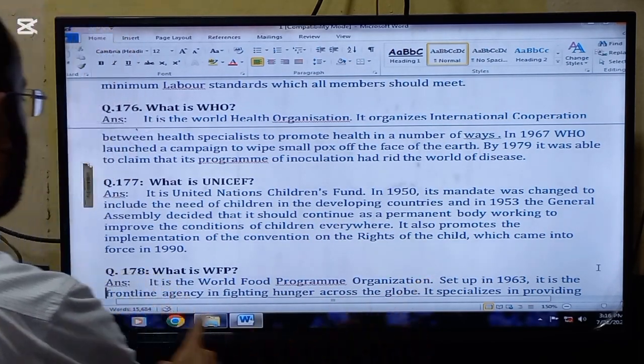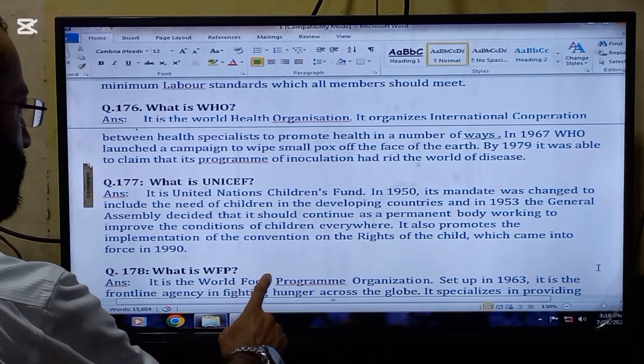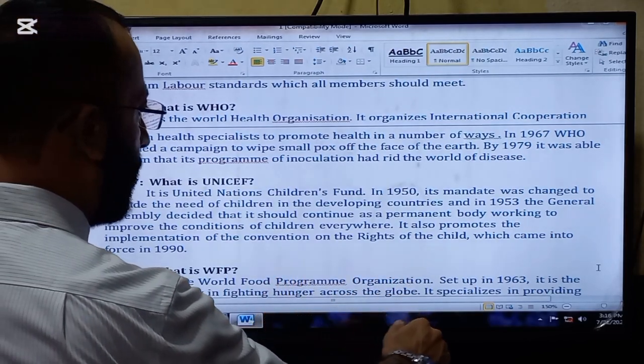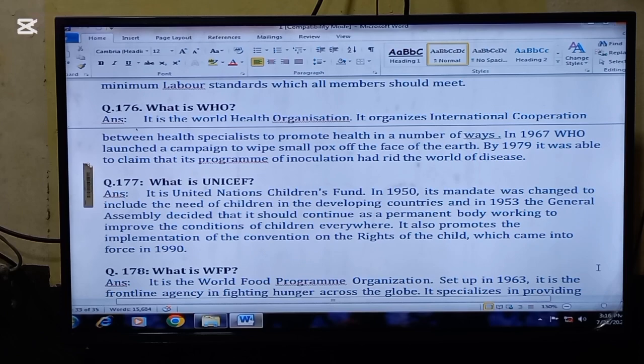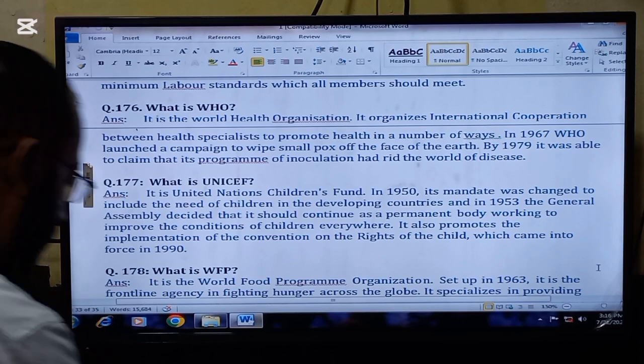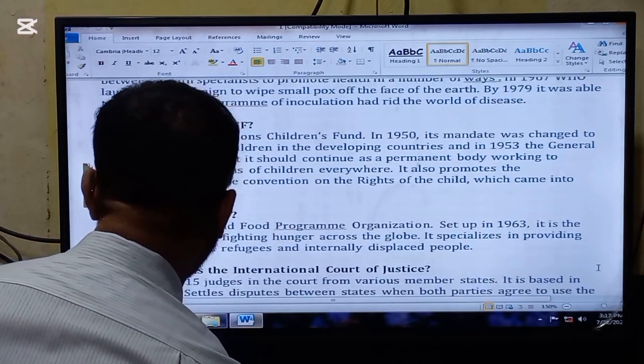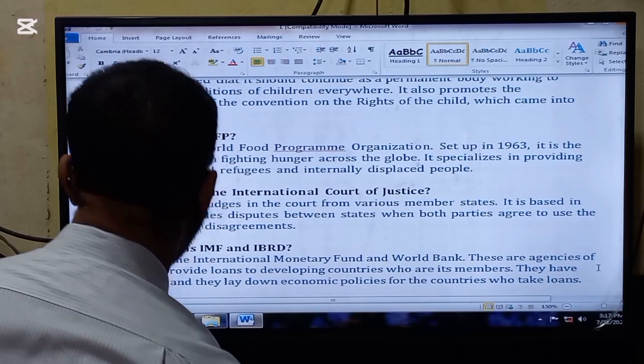It also promotes the implementation of the Convention on the Rights of the Child, which came into force in 1990.